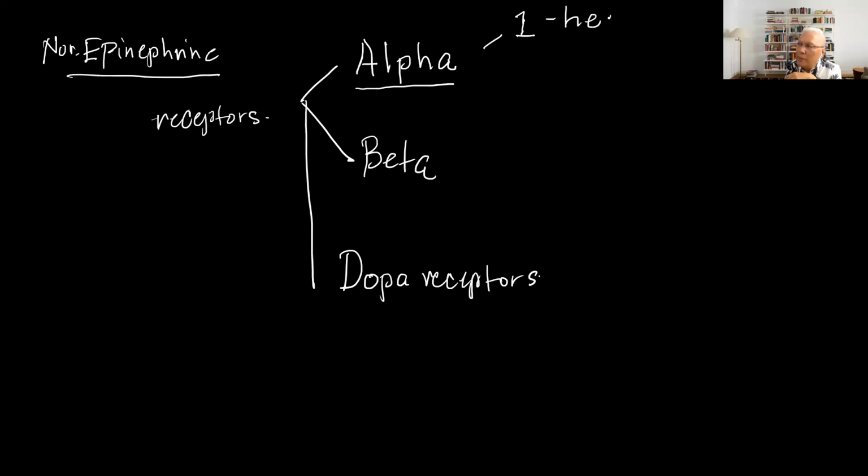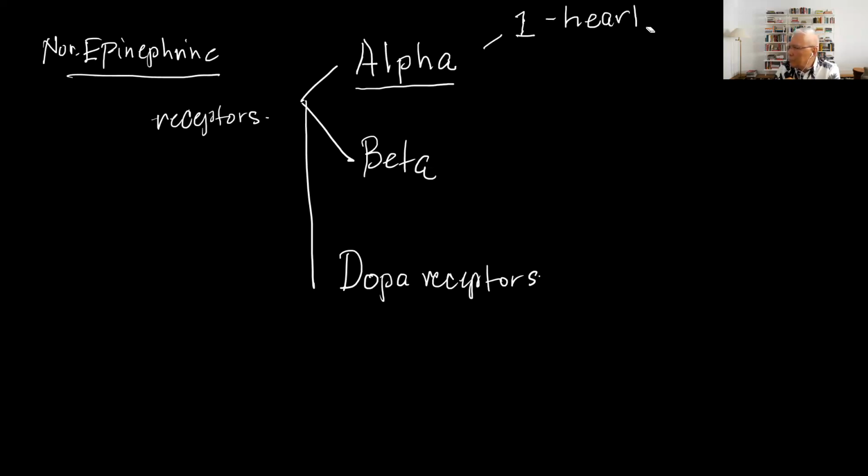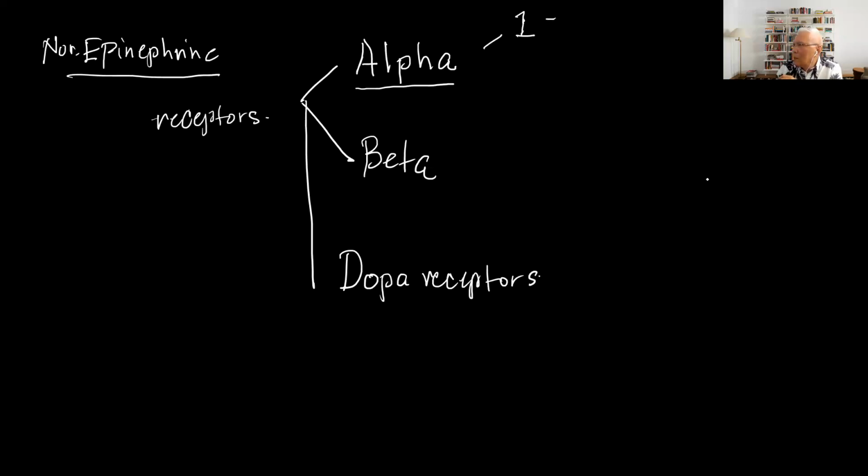So this is abundant in the blood vessels. And so when epinephrine or norepinephrine enters into alpha-1 receptors, it causes vasoconstriction. So therefore, it elevates blood pressure.